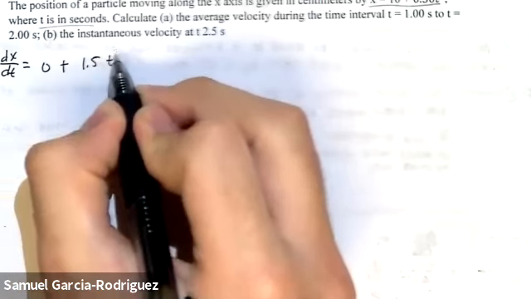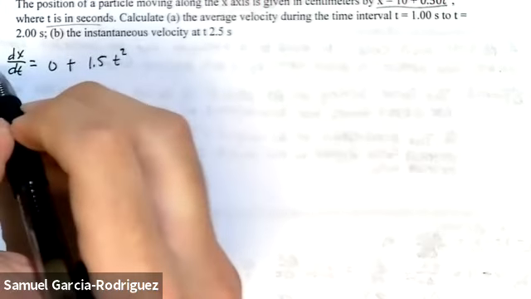Yep. 1.5 t squared. Okay, and this is equivalent to your velocity. Now, what do you think you need to do? Okay.